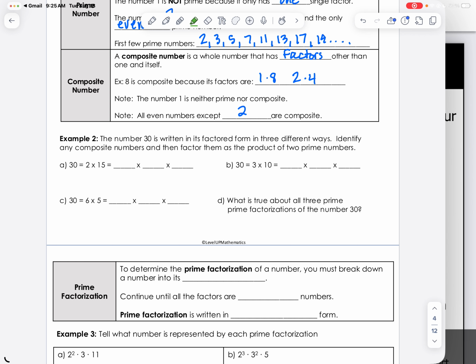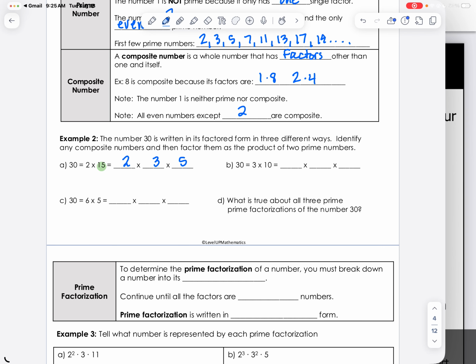So it asked us to identify the composite number in that expression. So the composite number is 15. So they want us to rewrite the 15 as the product of two numbers. So 30 equals 2 times 15 would also equal 2, and then 15 could be written as 3 times 5.